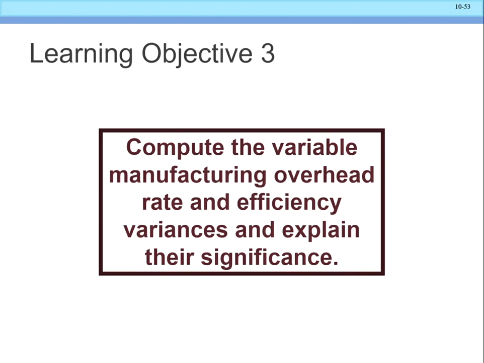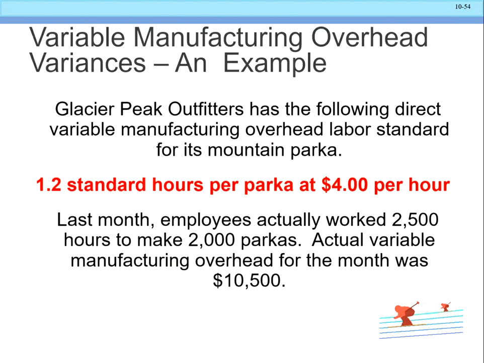Okay, now let's compute the variable manufacturing overhead rate and efficiency variances and explain their significance. This is going to be the same as how labor is calculated, because in most cases, the variable manufacturing overheads are normally applied or allocated on the basis of labor hours.